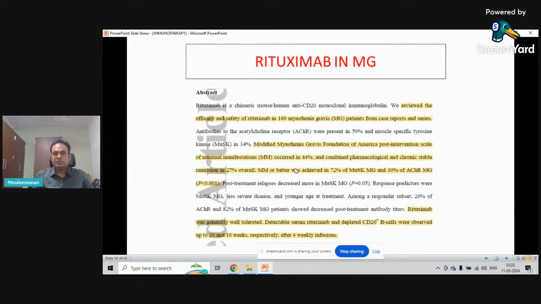So the use of rituximab was studied in myasthenia gravis patients, and a review was done based on the isolated case reports and case series which were available.